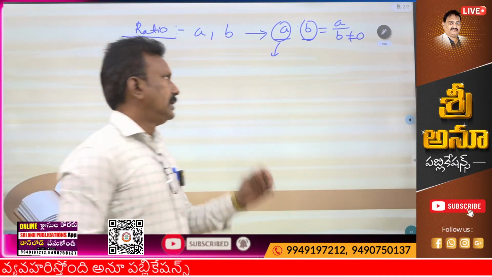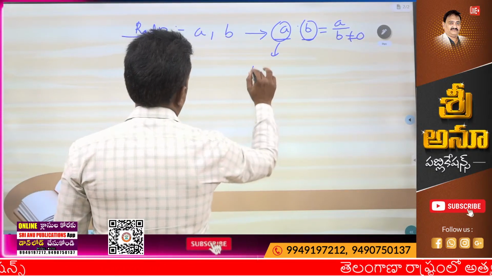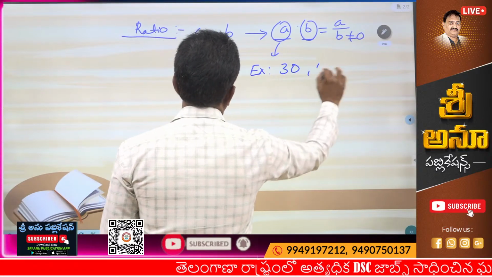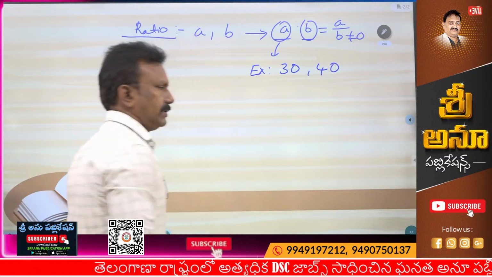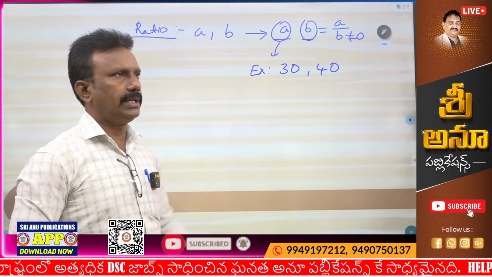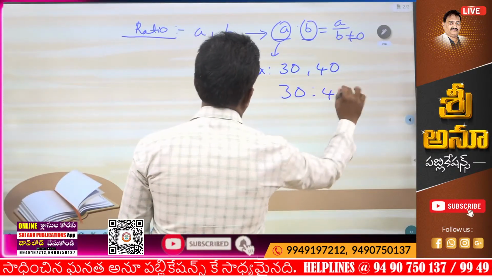Let us take one example of a ratio: 30 and 40. What is the ratio between these numbers? Write 30 is to 40.